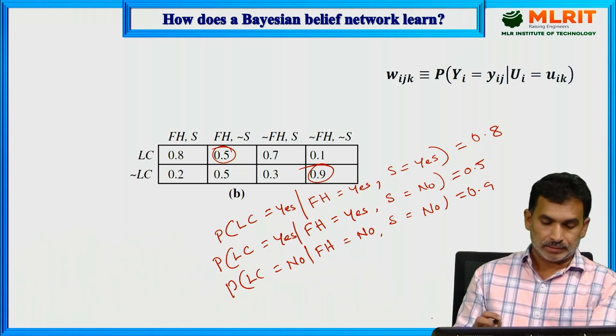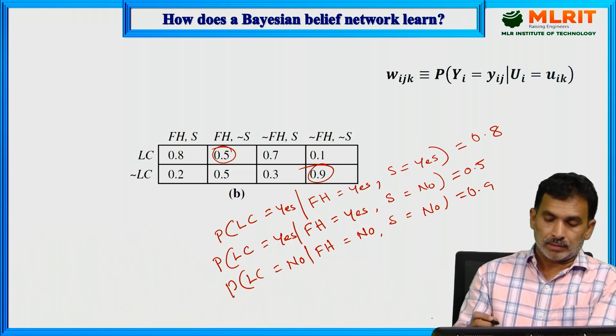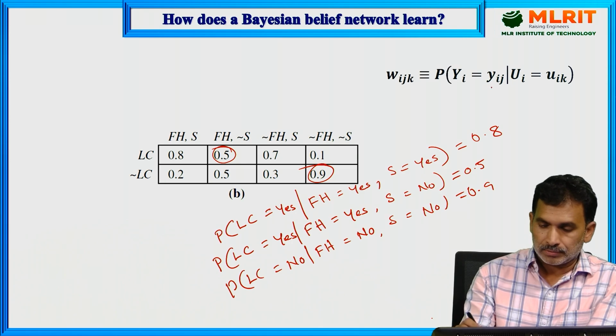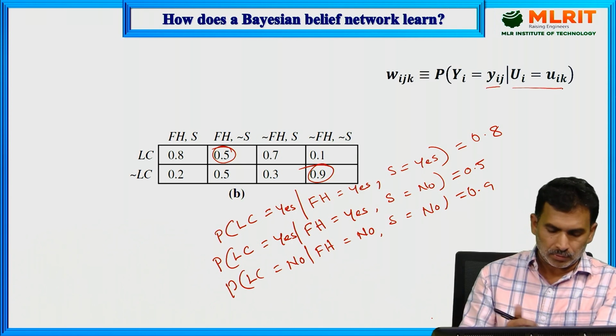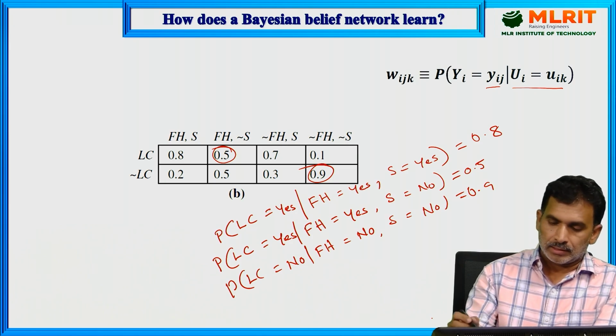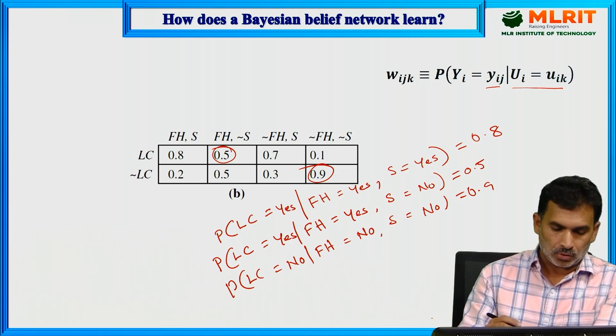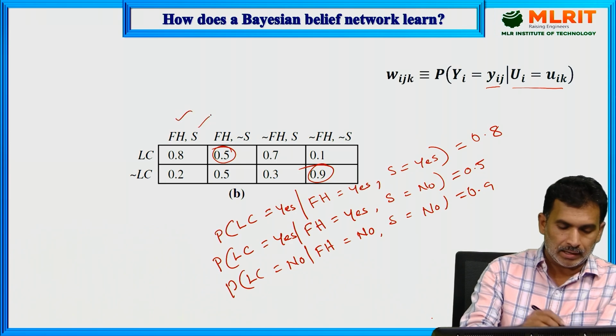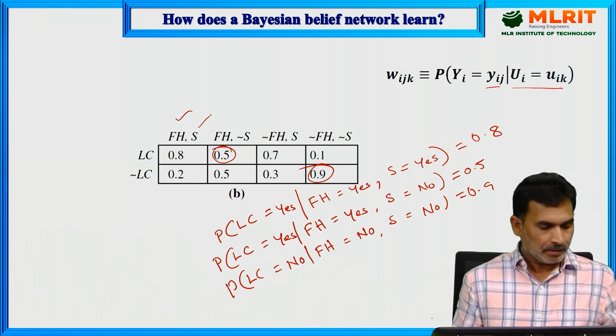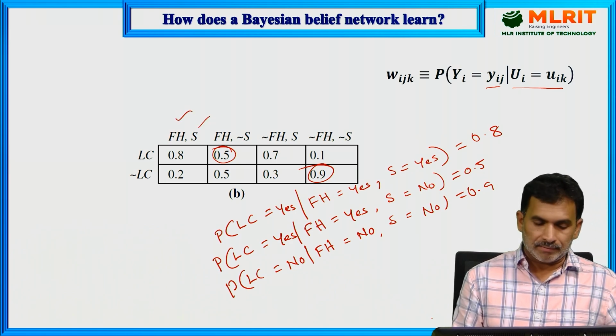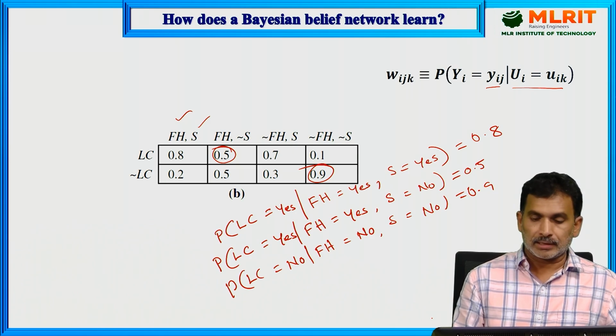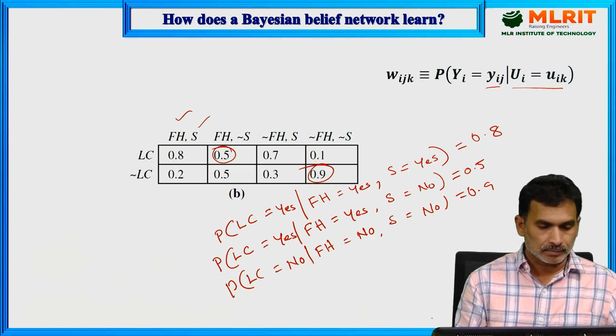For each variable, we would take the values and the respective parents, like lung cancer and its parents, family history and smoker. So for each random variable, we have to calculate these conditional probability tables.